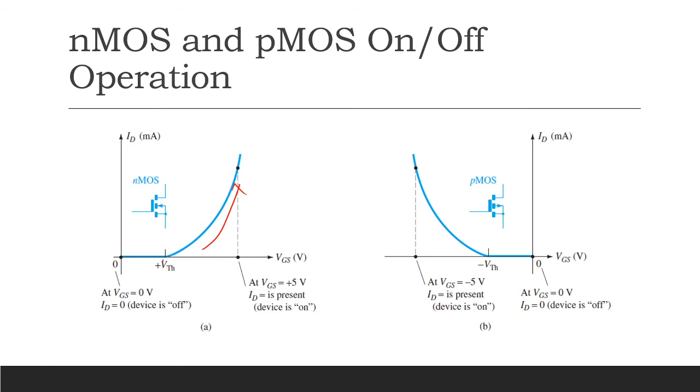Hanggat hindi mo nare-reach yung VTH mo, ang output current mo ay 0 volts, 0 amperes. So therefore, until ma-reach mo yung VTH, magkakaroon ka na ng channel, at pag nagkaroon ka na ng channel, magkakaroon ka na ng surge of your carriers. So, ganun din kapag PMOS.